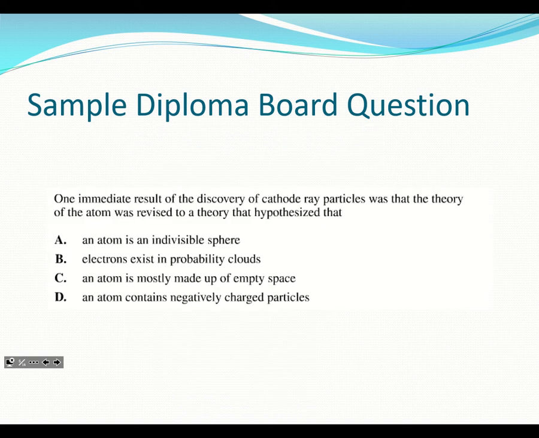One immediate result of the discovery of cathode ray particles was the theory of the atom that was revised to a theory that hypothesized. So this took over Dalton's model, and the cathode ray particle showed us that the atom was not an indivisible sphere.